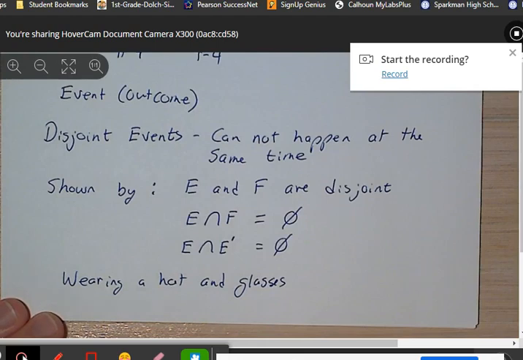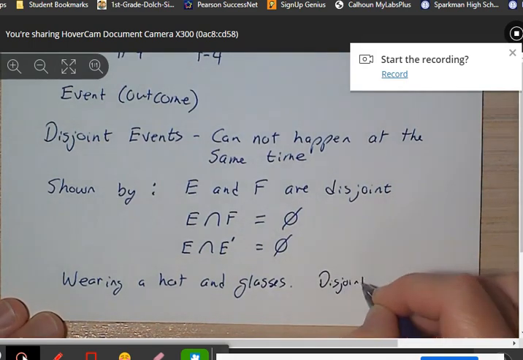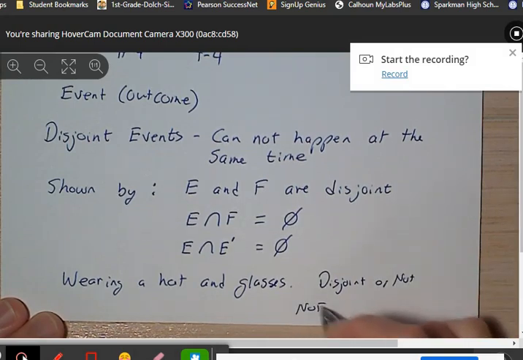Is that disjoint or not? That's one of those where you can definitely wear a hat and glasses at the same time, so you'd say that it's not disjoint.